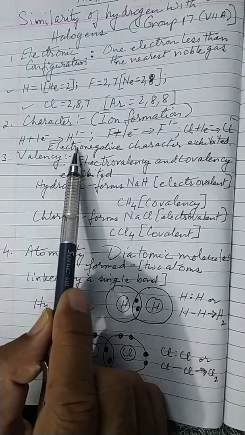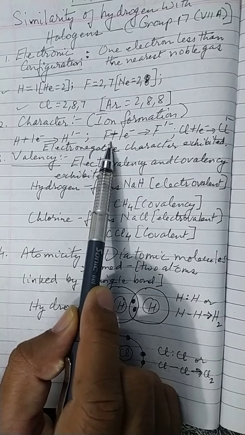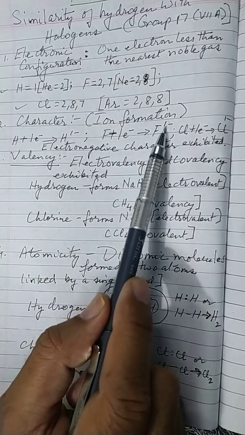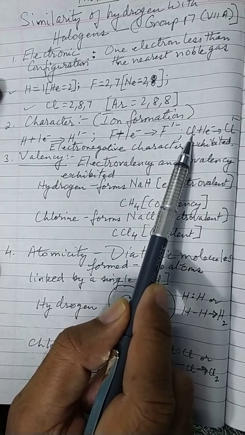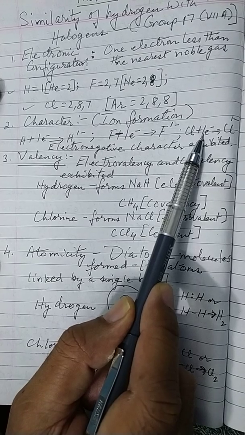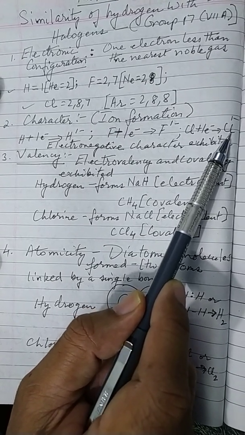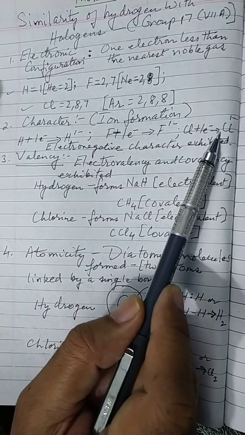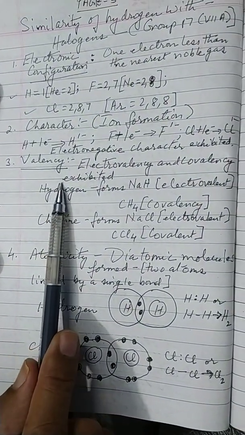So it shows electronegative character of hydrogen. Same character is shown by fluorine. Fluorine, when 1 electron is added to it, becomes electronegative with a negative valency of 1. Likewise, chlorine, when 1 electron is added to the outermost shell, also shows 1 electronegative ion by gaining 1 electron.